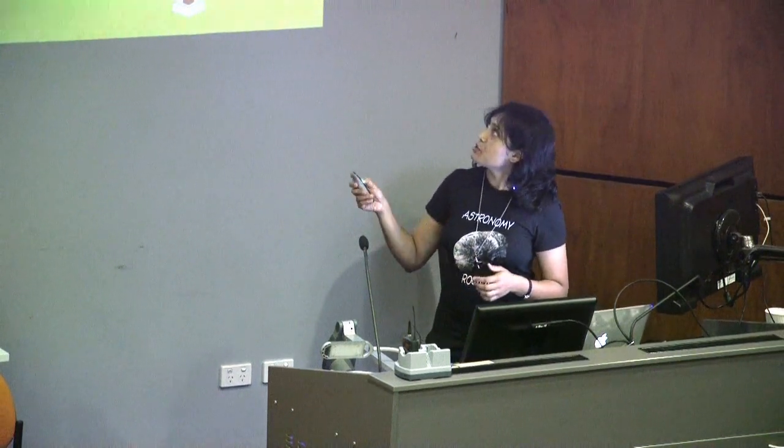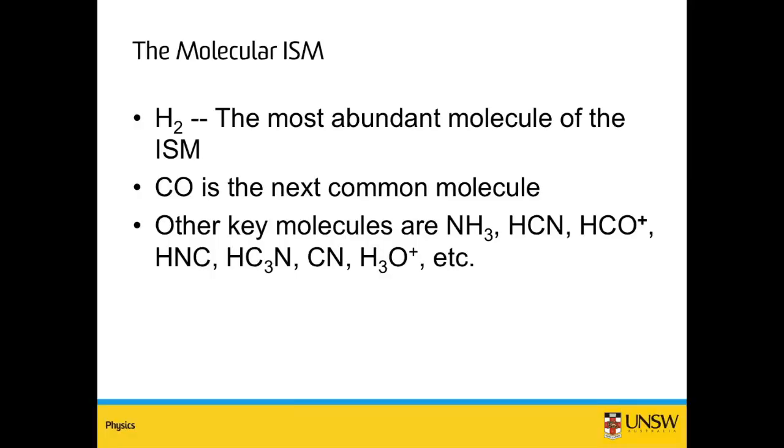So the ISM has got atoms and molecules. I'll be talking more about molecular ISM, what molecules we have in the interstellar medium. Most of it is hydrogen. We also have carbon monoxide, that's the next common one.